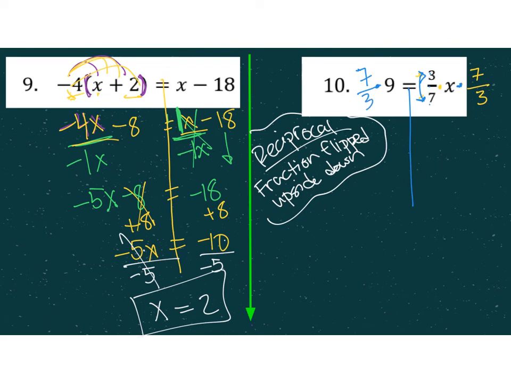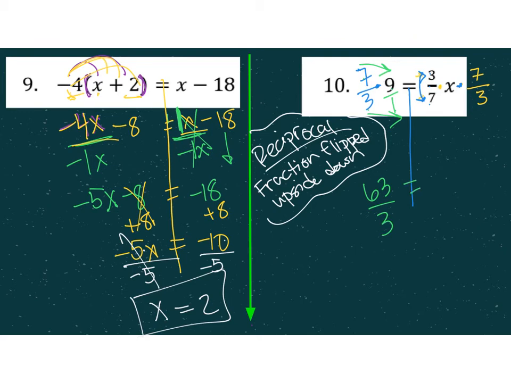If you think back to simplifying fractions, this 9 is technically a 9 over 1. And when you multiply fractions, you multiply straight across. So I end up with 7 times 9, which is 63, and then in the denominator on the bottom, 3 times 1, which is 3.